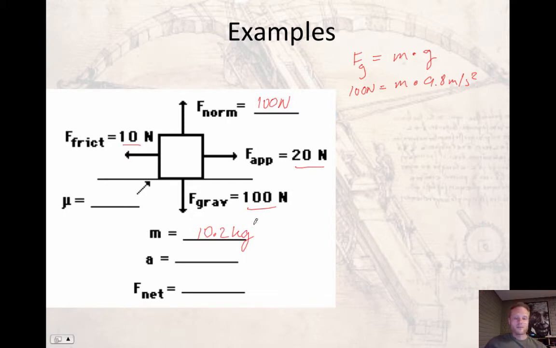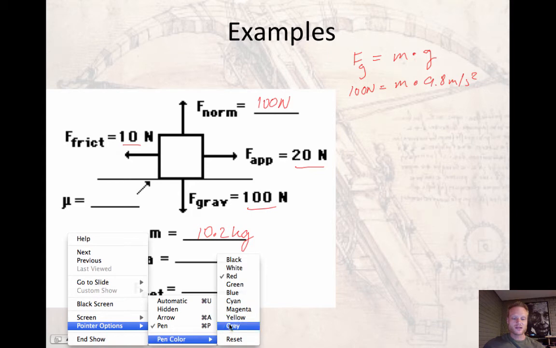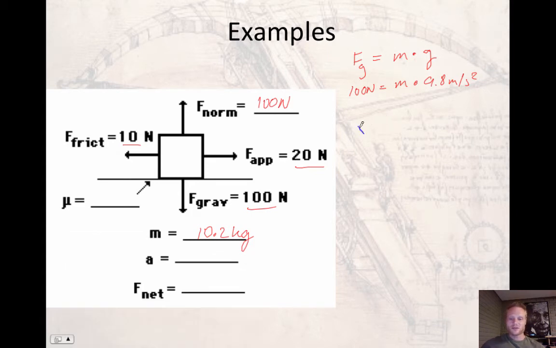Now, what should we do next? I might look at my forces in the y direction and my forces in the x direction. Let me change to a different color for that. Let's see how blue shows up. All right, it's not too bad. So we have x and y. What are my forces in the x direction?